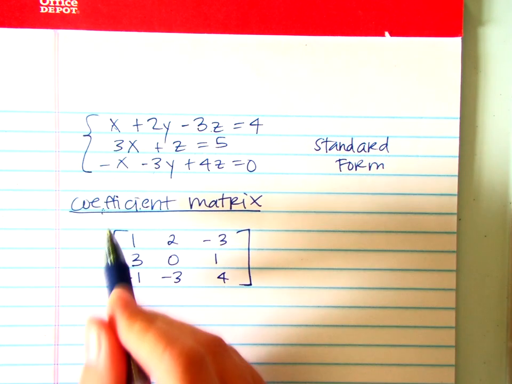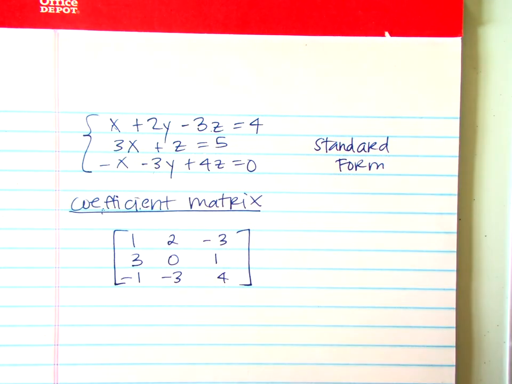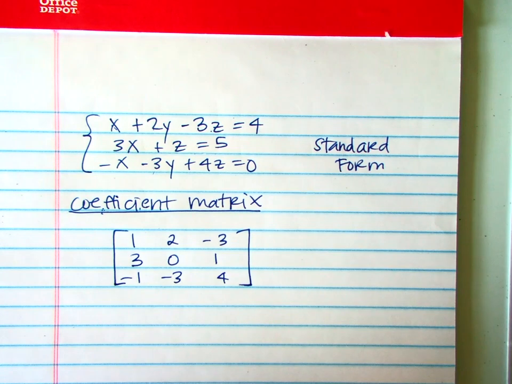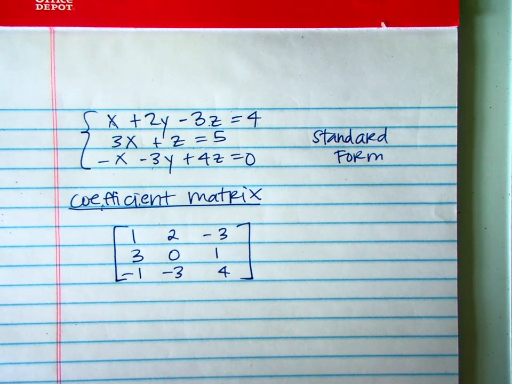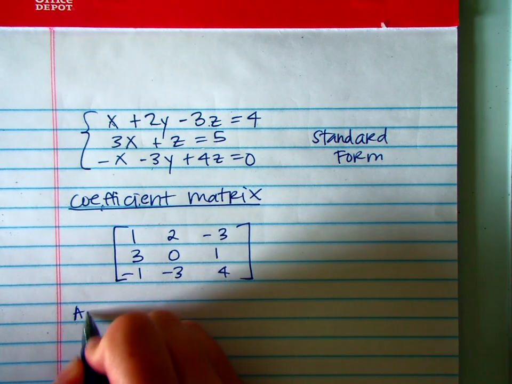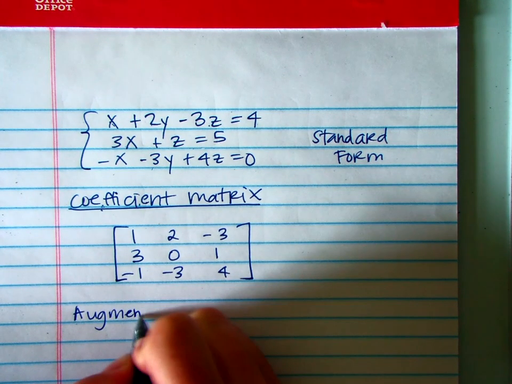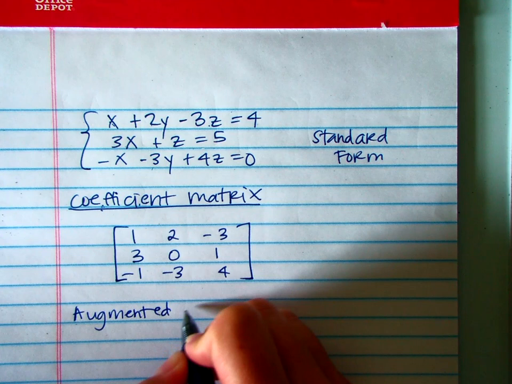These are important for different reasons, which we'll be talking about either in this video or the next one. I'm not sure how far we're going to go in this one. But the next term I want to talk about is an augmented matrix.